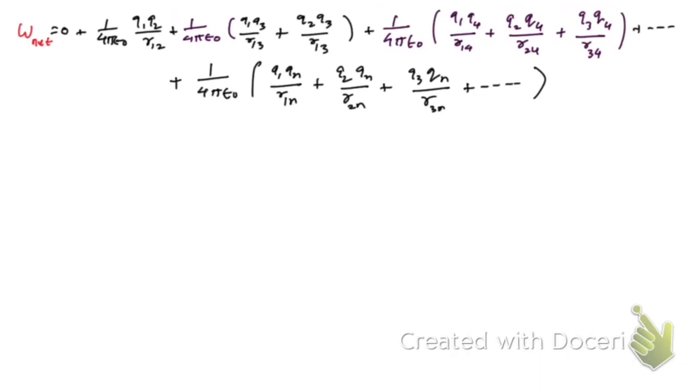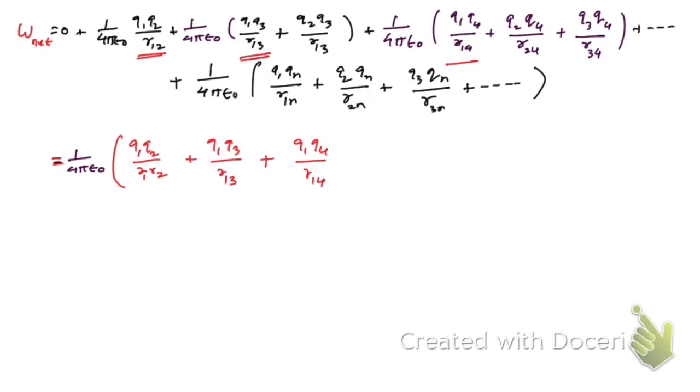Taking this 4 pi epsilon naught common, within the bracket we can write q1 q2 by r12, then q1 q3 by r13, then similarly q1 q4 by r14, and so on up to q1 qn by r1n.